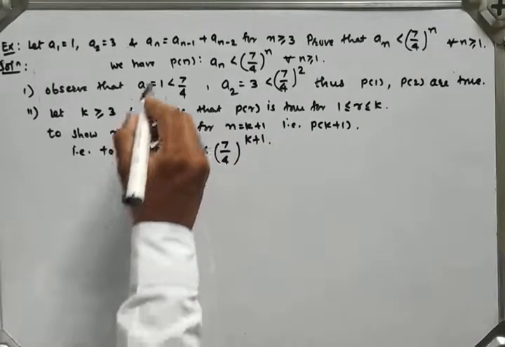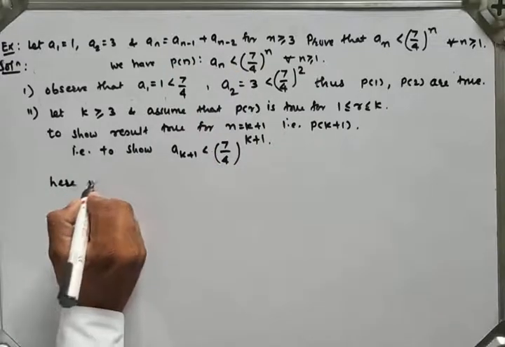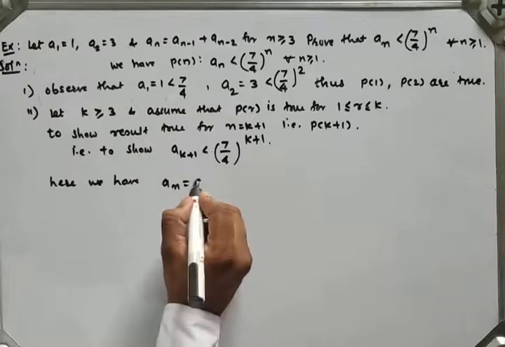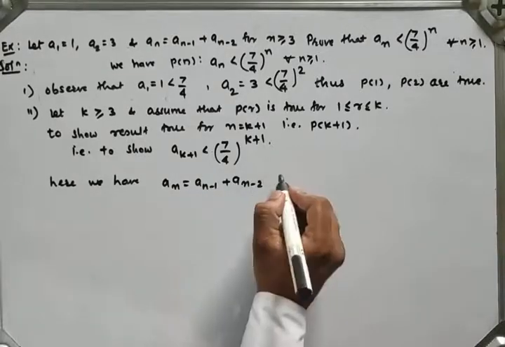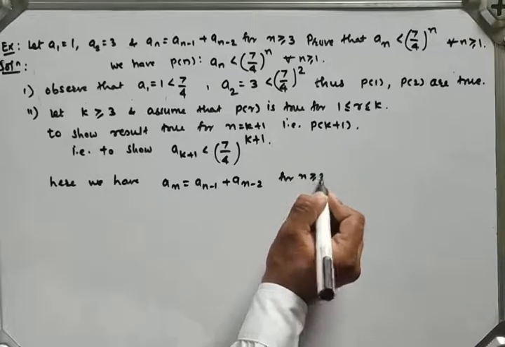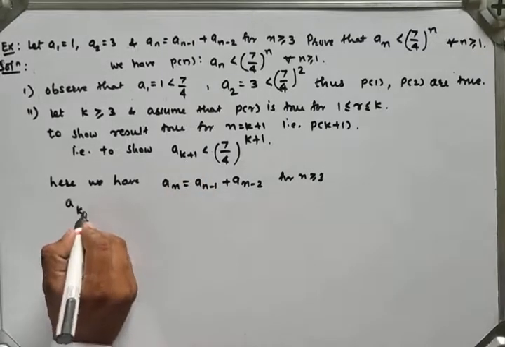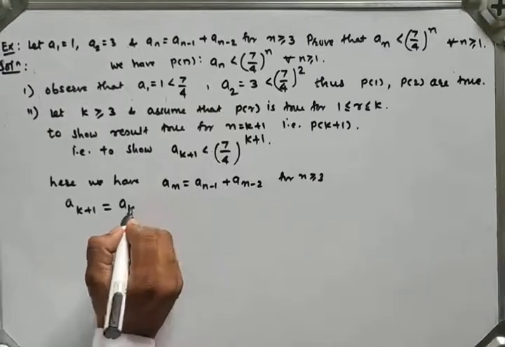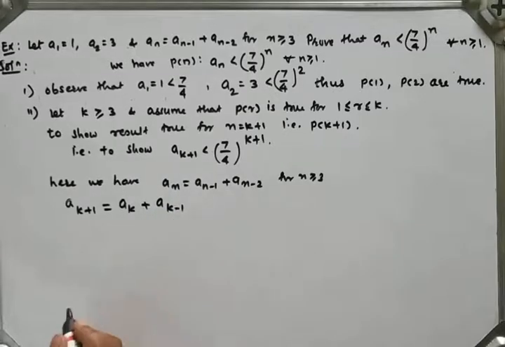So we have the statement here, a n is equal to a n minus 1 plus a n minus 2 for all n greater than or equal to 3. So I will replace by the k plus 1 value. Then what will I get? A k plus 1 is equal to a k plus a k minus 1, right?